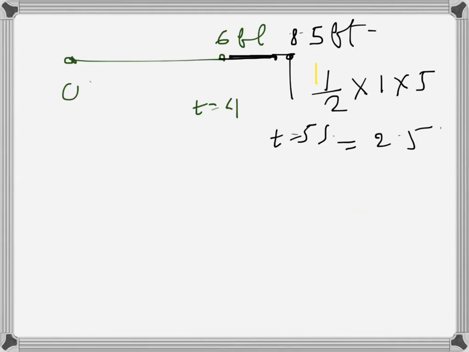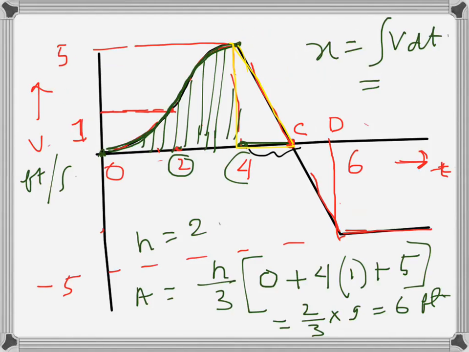After that the velocity changes, so it will start coming back. When we look at this graph from C to D, the velocity direction changes, but it's going at the same velocity towards the negative direction.